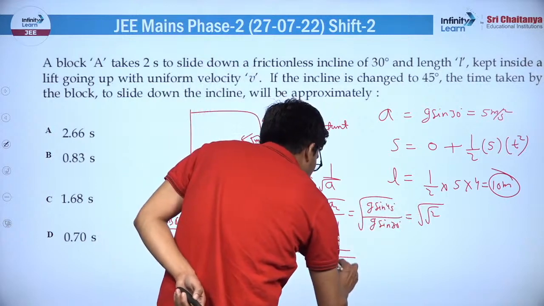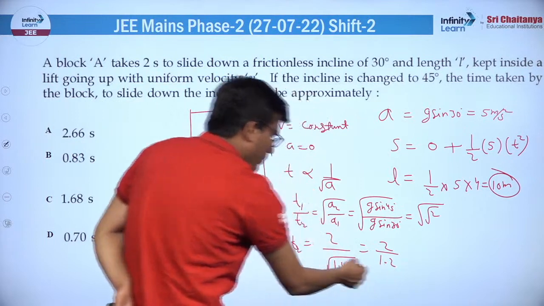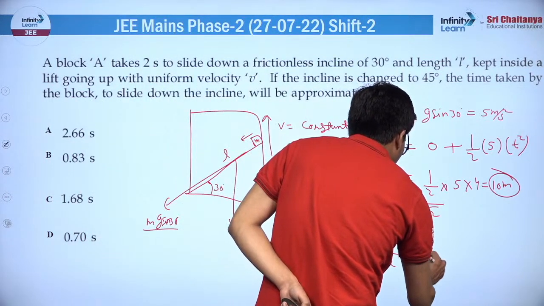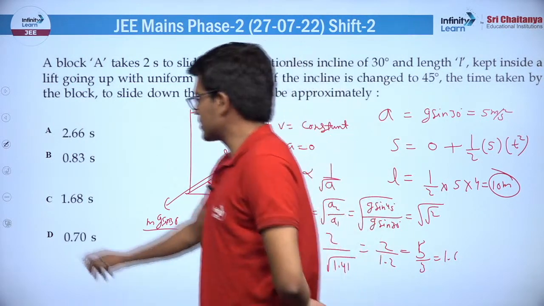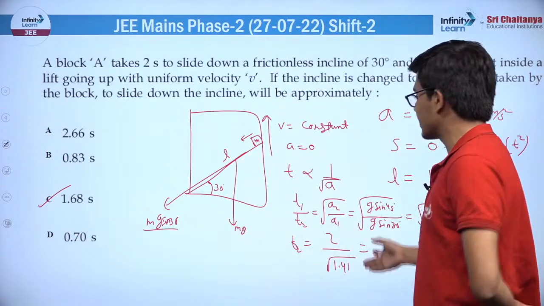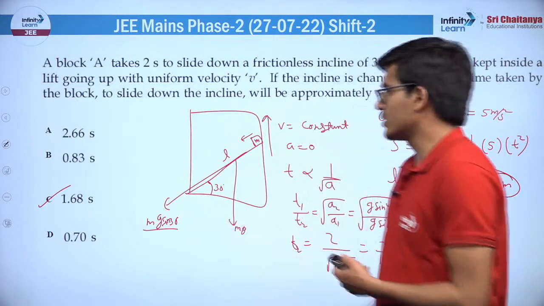So I can write it as 1.41, and you can say it will be approximately 1.2. So it will be like 5 by 3, means 1.6 something seconds should be the answer, that is given in option C. You don't have to go exactly in the calculation because you can see the options, approximately it is coming this, so you can tick the answer.